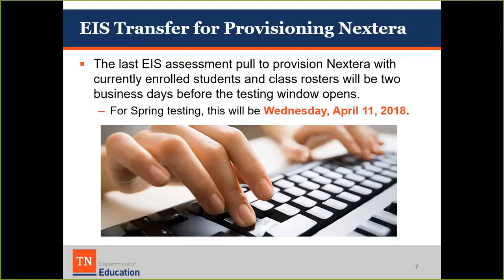So the last EIS assessment poll that we'll be using to provision Nextera with currently enrolled students and class rosters will be 2 business days before the testing window opens. In the fall, we actually went a little earlier than that, but this spring what we're looking at is Wednesday, April 11th. And at that point, then everybody will be locked in for you to go ahead and do any kind of moving of classes that you need to do in Nextera.